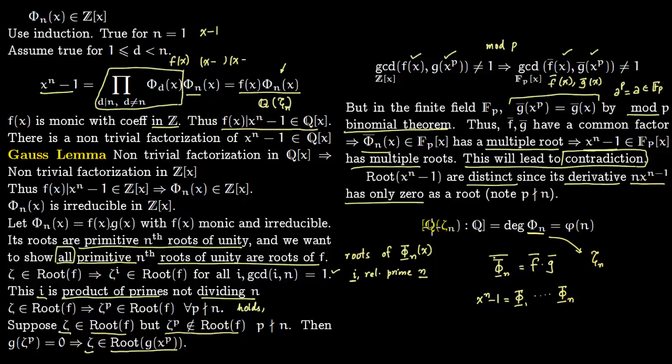So you immediately get, if you join zeta to the rationals, the degree of extension is precisely the degree of our irreducible polynomial here, and you know the degree of our cyclotomic polynomial is this varphi(n), which is Euler's phi function, and this is, recall, the number of integers which are relatively prime to n.